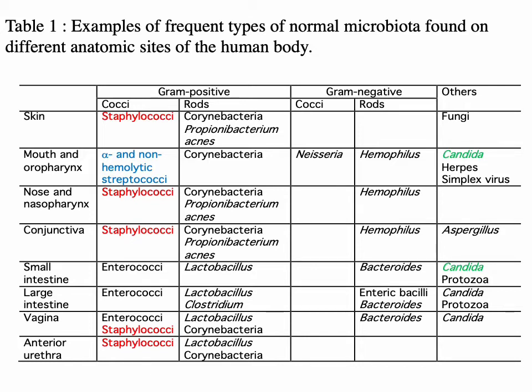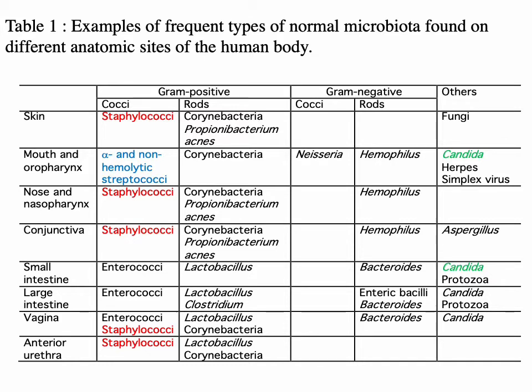So you can look at that. One of a few organisms I have sort of highlighted. The one highlighted in red, Staphylococcus or Staphylococci, you can see it's quite abundant, prevalent in different parts of our bodies, found in the skin, found in the nose and the nasopharynx, found in the conjunctiva or the eye, and then found in the vagina or the genital organs.